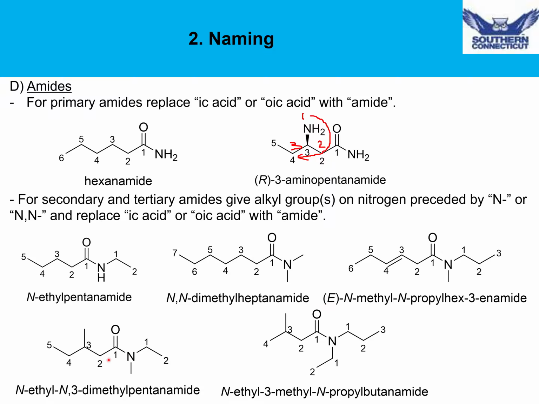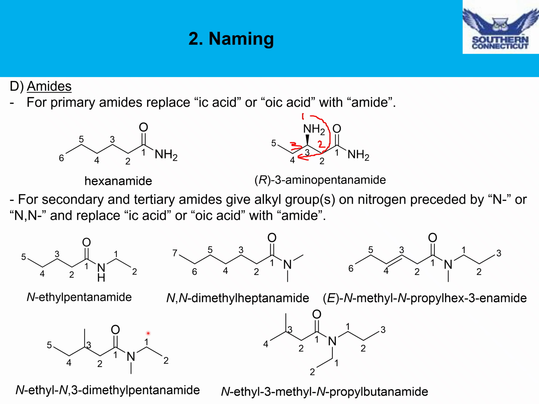This next example illustrates how you would treat an amide that has both substituents on the nitrogen as well as somewhere on the carbon chain of the parent name. So we basically treat the 3 different substituents the same way, other than we use the letter N to indicate the location of the groups on the nitrogen versus a number to indicate the location of a substituent on the parent chain. So we are going to alphabetize these groups the same way, whether they're on the nitrogen or they're not.